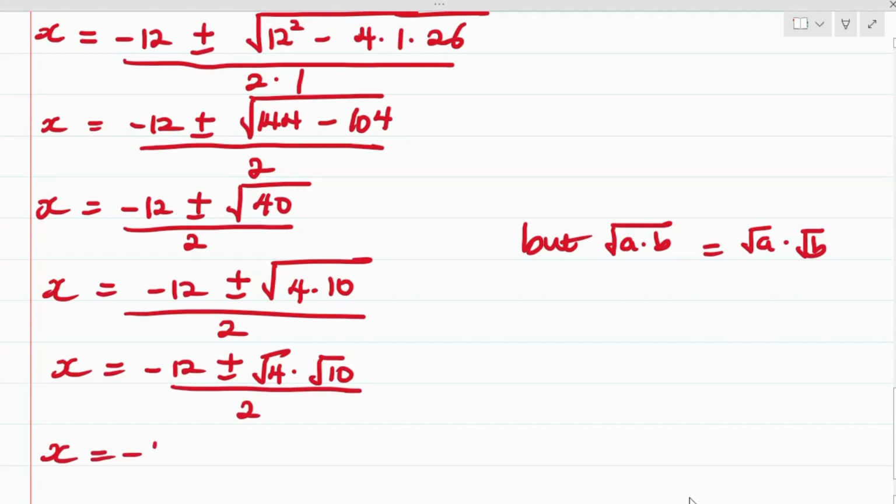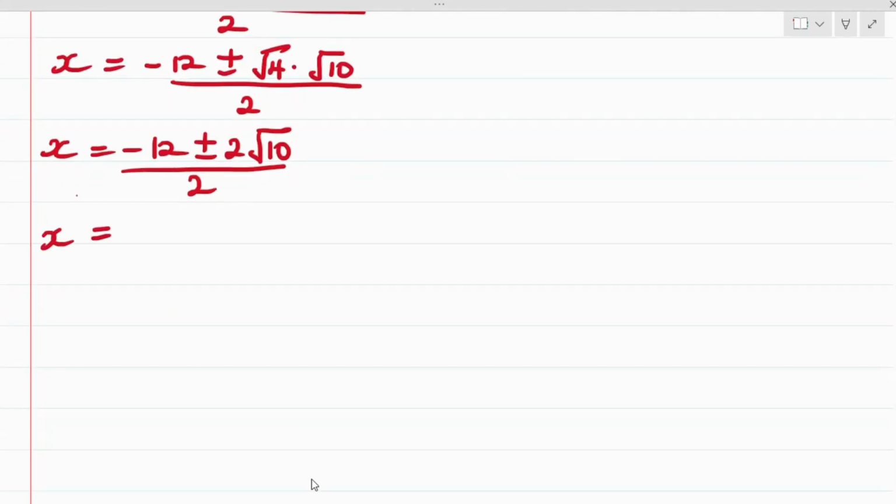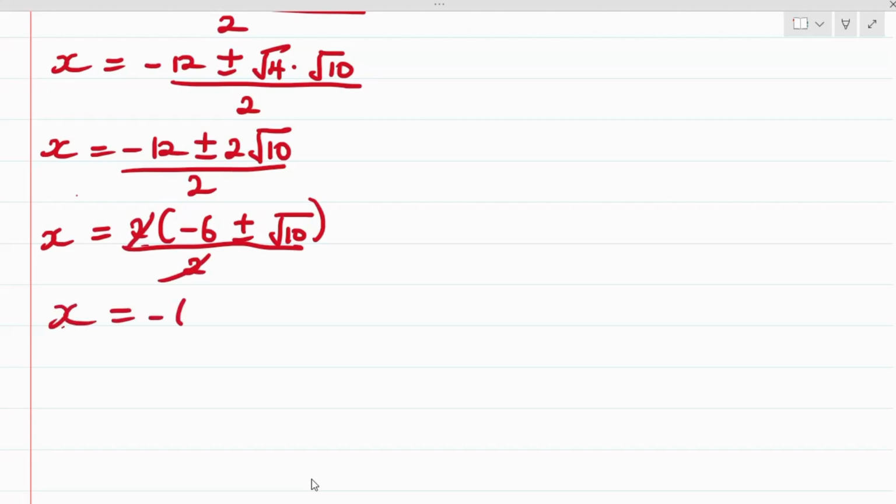So x is equal to minus 12 plus or minus the square root of 4, which is 2, multiplied by the square root of 10, divided by 2. If you factor out 2, we have minus 6 plus or minus the square root of 10, divided by 2. So we cancel this out, and x is equal to minus 6 plus or minus the square root of 10.